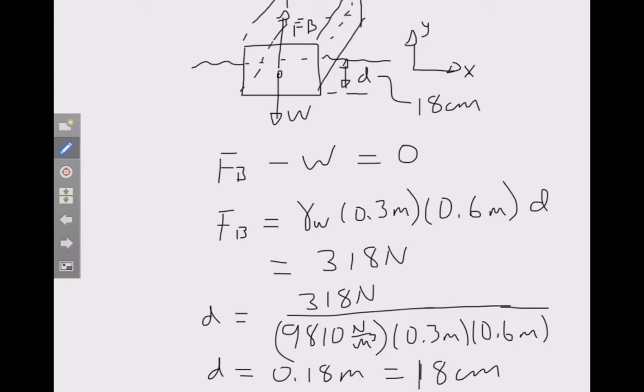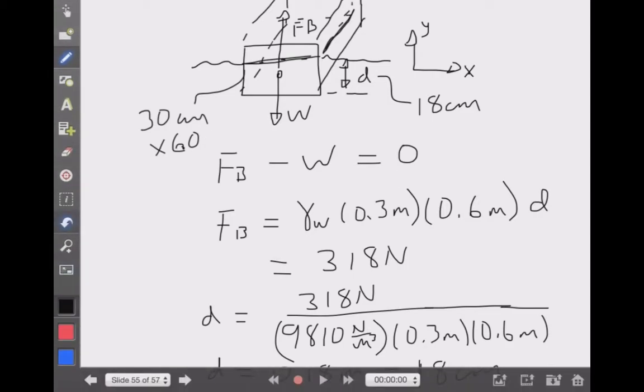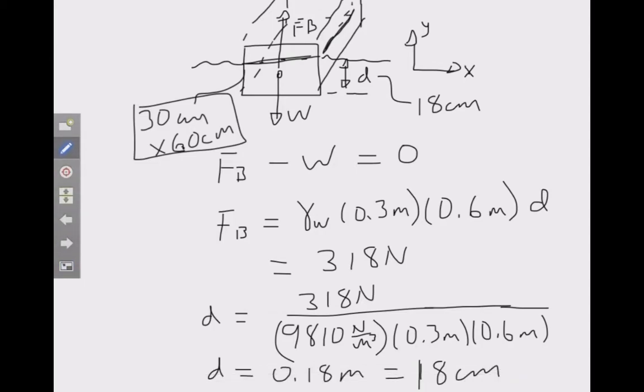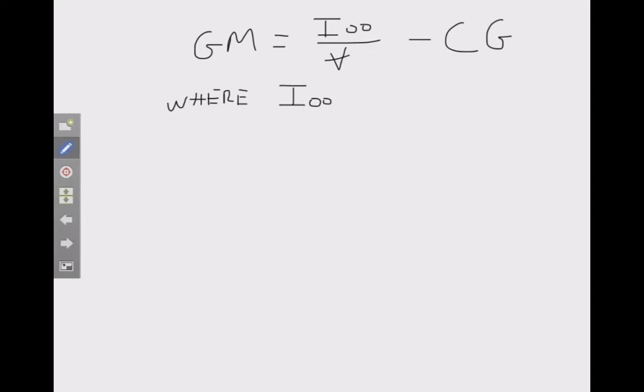The water line is along this line and along here. In this case, this is a rectangle, basically with a cross-sectional area of 30 centimeters by 60 centimeters. We need to determine the moment of inertia about that plane, if you will, the water line. And for this rectangle, if we look that up, that is 1/12.